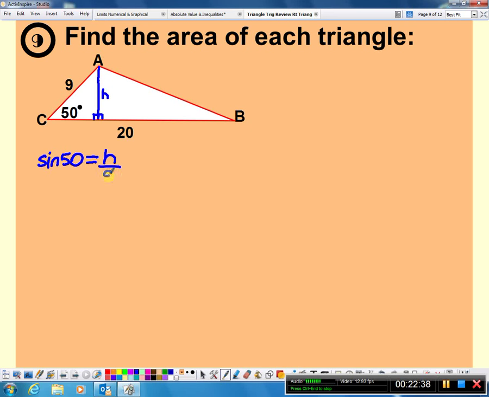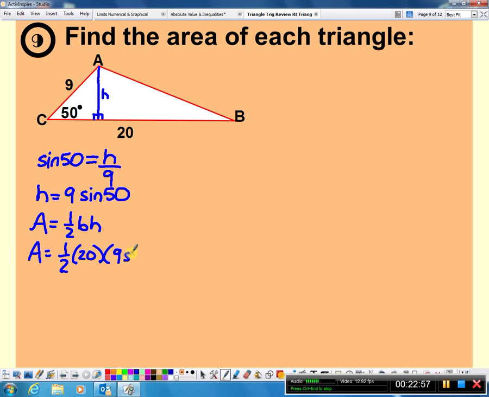From there, using area equals 1/2 base times height, the area equals 1/2 the base, which is 20, and the height, which is 9 sine 50. And then you could calculate your area. Because I'm using A as one of the letters in the triangle, let me actually write out area to be specific. And you use your calculator and finish it up.